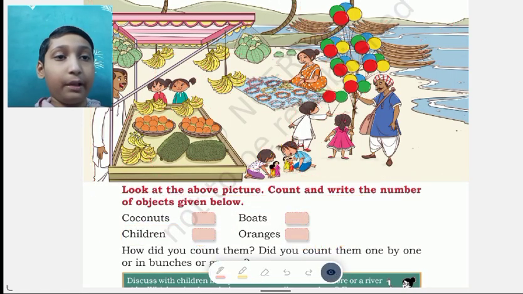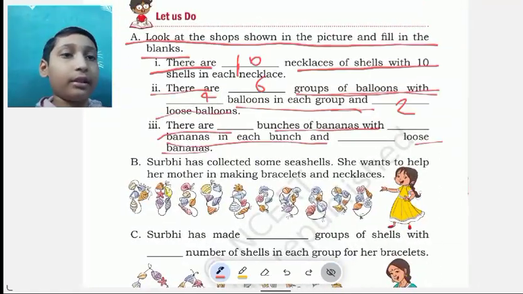So we got 12 groups. So we have to write here 12.